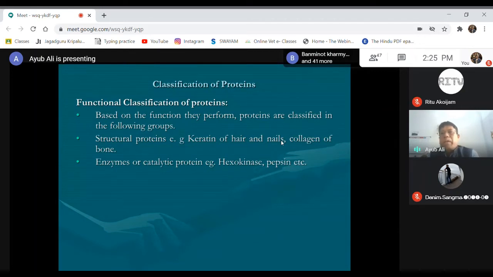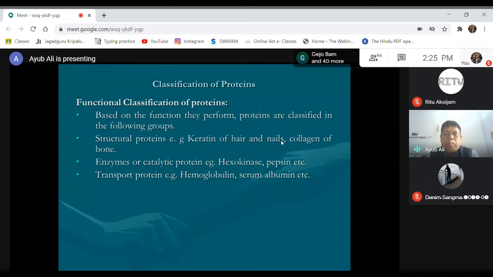Then some proteins have catalytic activity, enzymatic activity, so they are classified as enzymes or catalytic proteins. We will discuss many enzymes when we discuss metabolism. Then some proteins are involved in the transportation of molecules, like hemoglobin, which is involved in the transportation of oxygen and carbon dioxide.